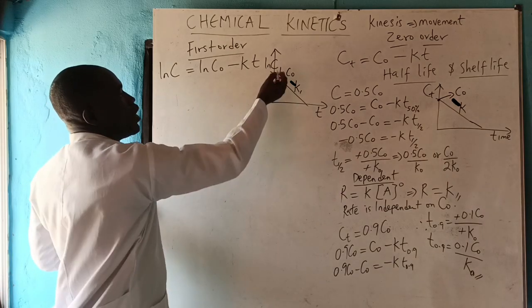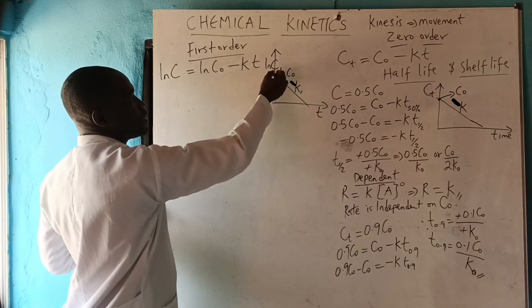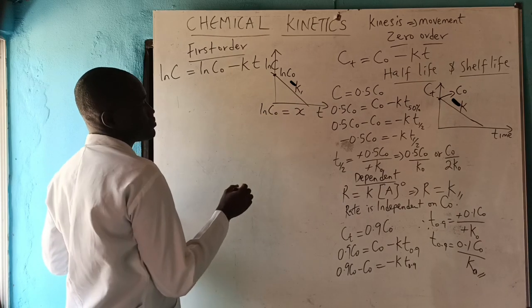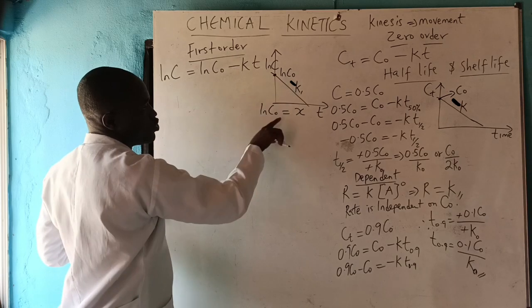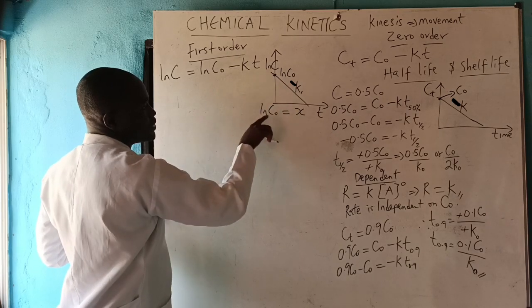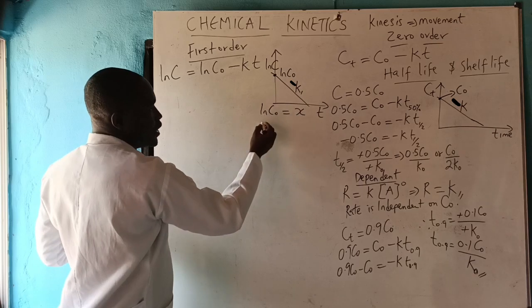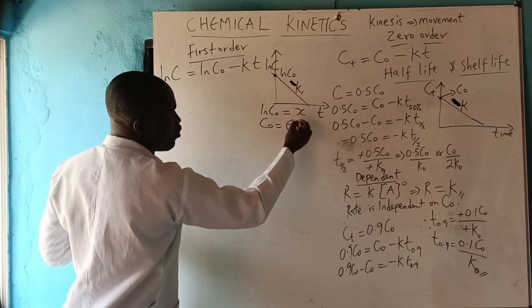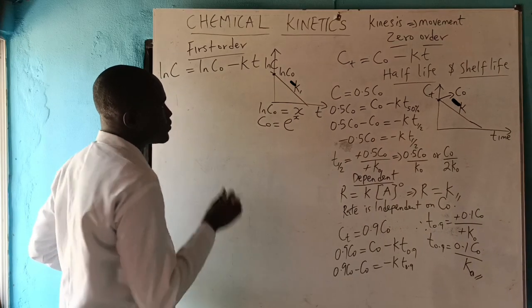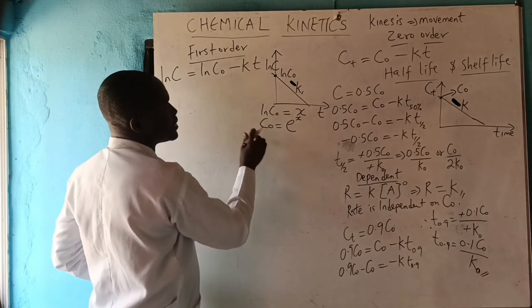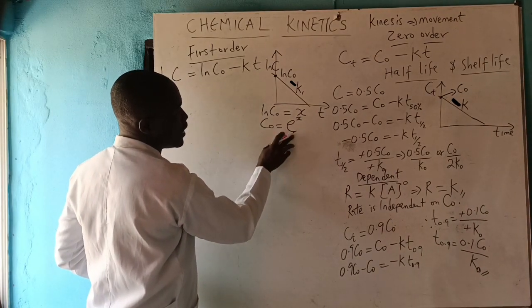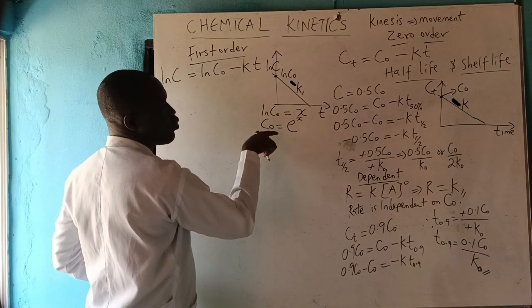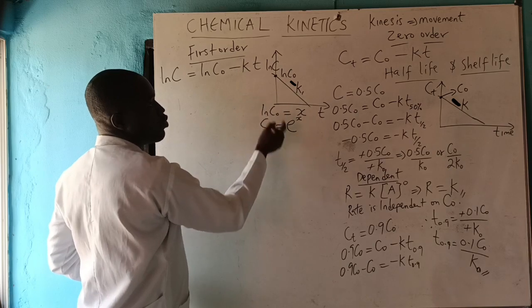That means once you finish plotting the graph, this point is called ln CO, equal to whatever you get, call it X. So ln CO equals whatever you get. If they ask you to get your CO, you say CO equals exponential X. That is, remove ln, put exponential, and put X. So that is how to get your CO when you finish plotting.